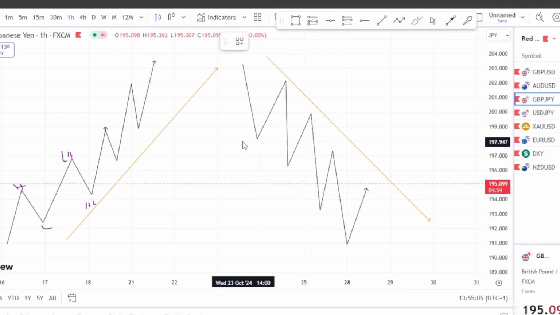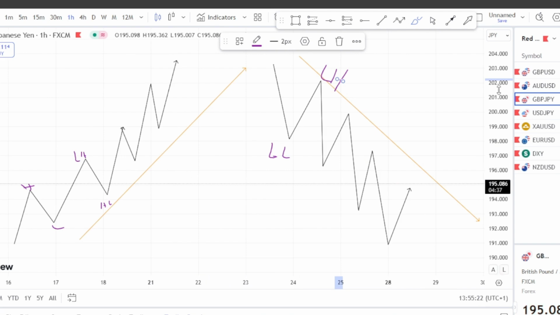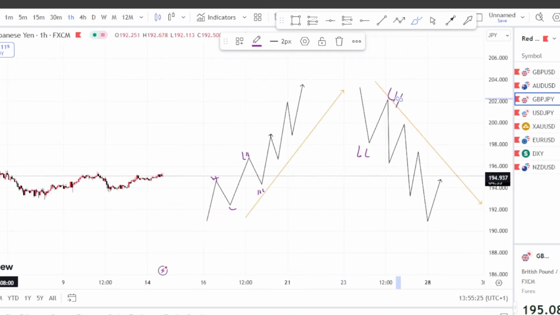You have a lower low, and then you have a lower high. Continuously having a lower low and a lower high gives you a downward momentum. This is how the structure of the market is formed.